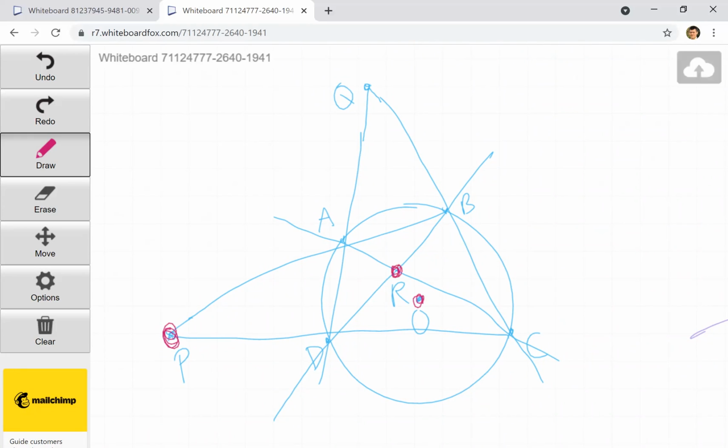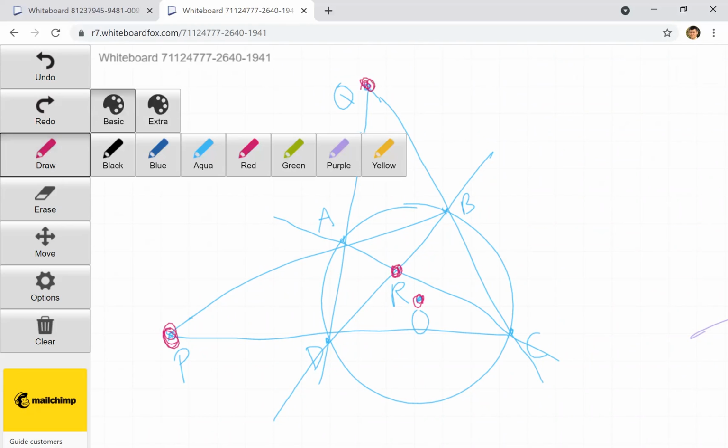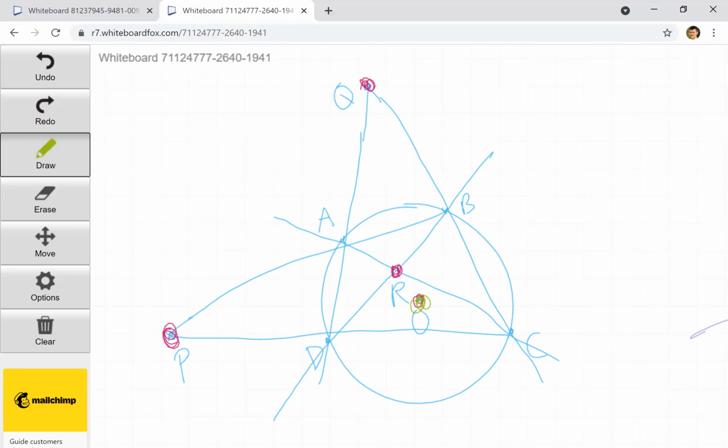Let's see this one. O is, let's make O green. So PQR is what we'd call a self-polar triangle, okay? Which means basically the polar of P is the side opposite P. These are called the diagonal points of a complete quadrilateral.